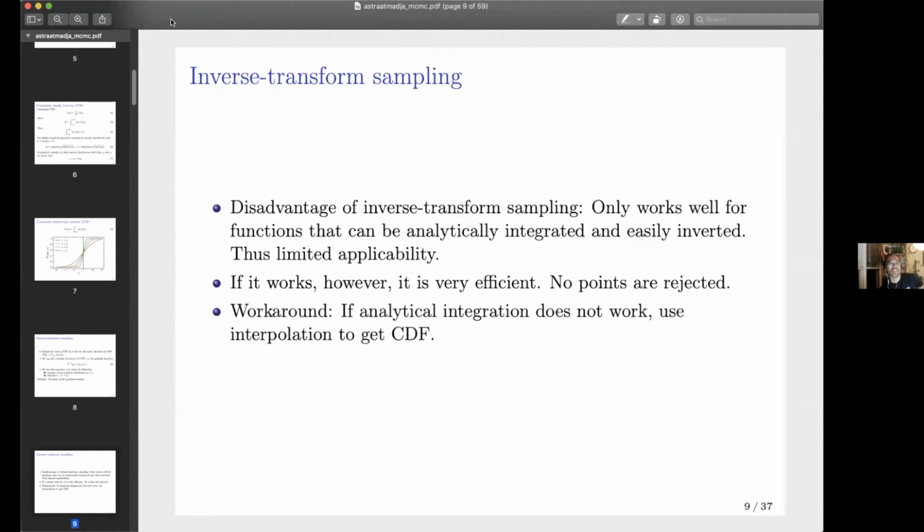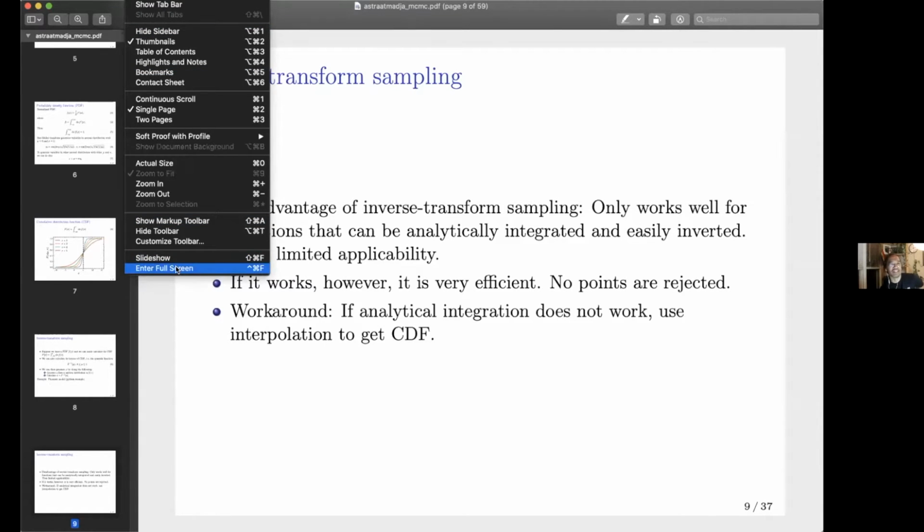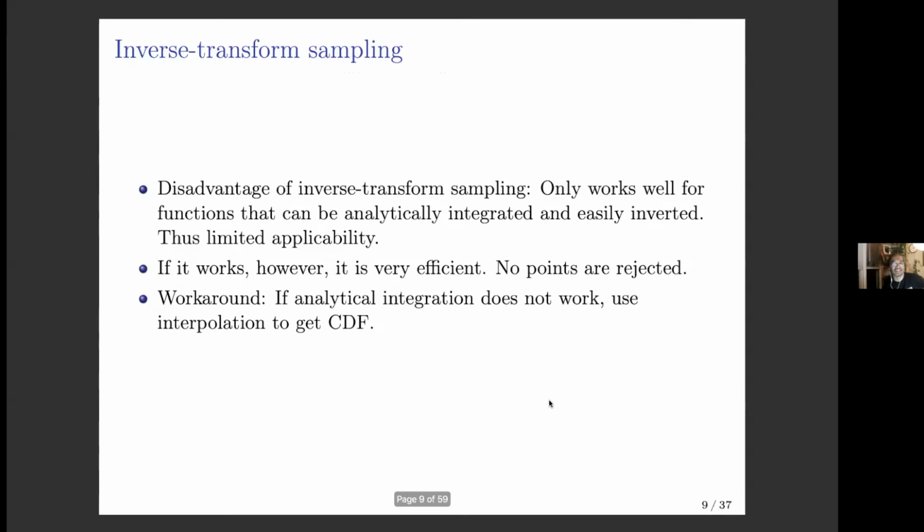As I mentioned before, the problem with inverse transform sampling is that the function has to be analytically integrable and easily inverted, so it has limited applicability. The advantage is that it's very efficient. There is no rejected point; everything is accepted.